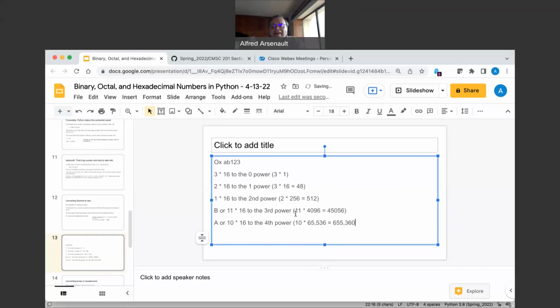So you would then add up those numbers, and 0xAB123 is 3 plus 48 plus 512 plus 45,056 plus 655,360, and that's equal to whatever that is.